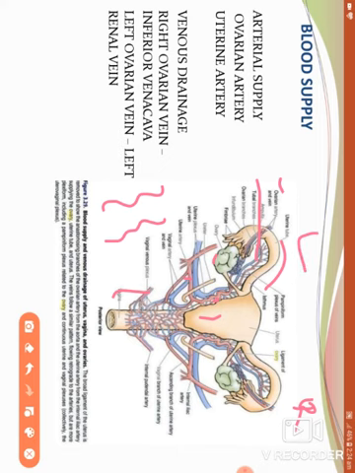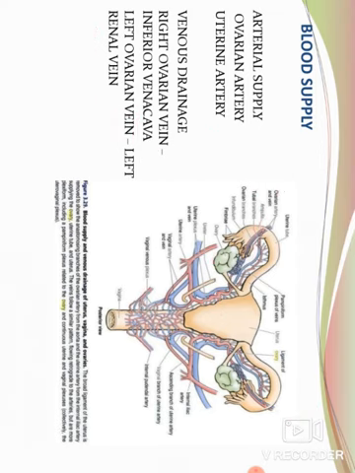The right ovarian vein drains into the inferior vena cava, and the left ovarian vein drains into the left renal vein. The final drainage is different on the right side and the left side. So blood supply: ovarian artery, uterine artery; venous drainage into the ovarian veins.